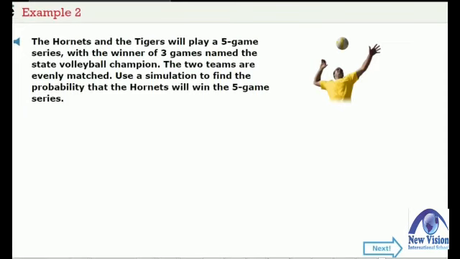Hornets and the Tigers will play a 5-game series, with the winner of 3 games named the state volleyball champion. The 2 teams are evenly matched. Use a simulation to find the probability that the Hornets will win the 5-game series. Step 1 is to develop a probability model.